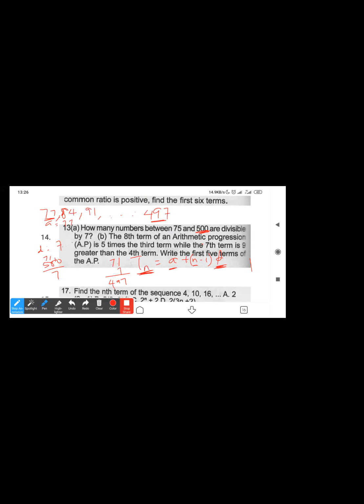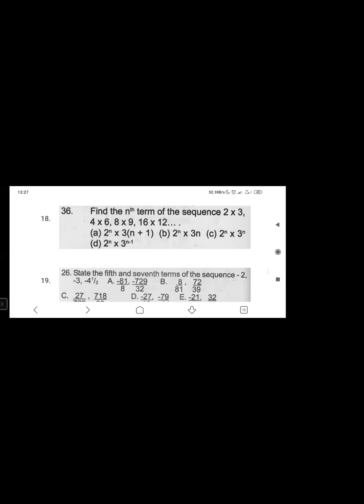I think I should stop here. Like I told you, I think the questions are so many. I've tried to compile all the questions from WAEC, all the questions that WAEC has brought out on sequence and series till 2019.